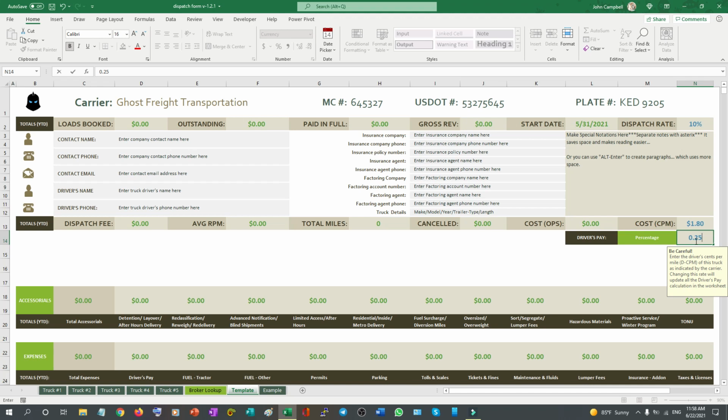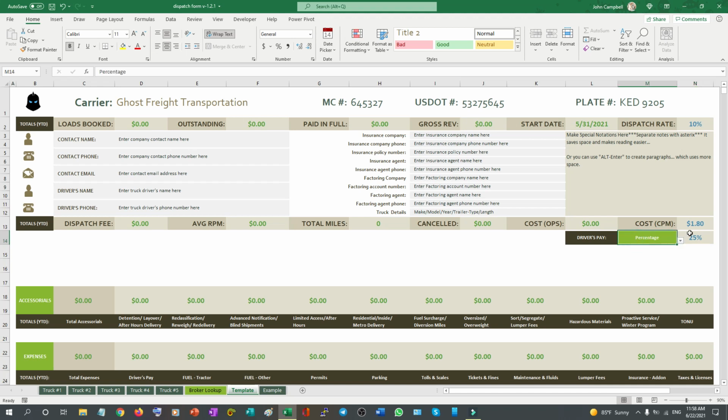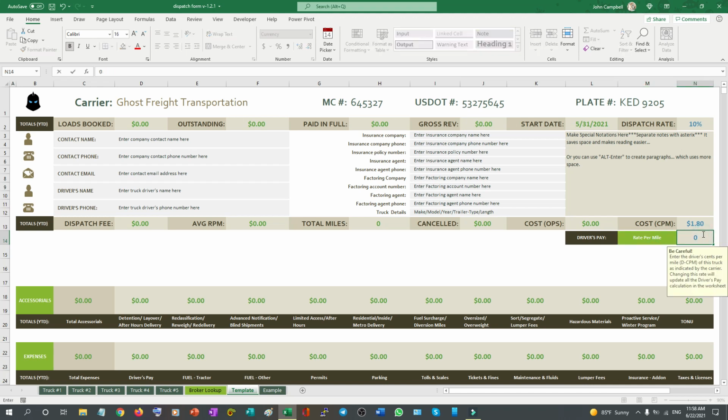If it's 50%, you enter 0.50. That's how you enter your percentages in Excel, just in case anybody is confused about that. I've had one question so far. But we're not doing percentages here. We're going to go to rate per mile, and 0.75 or 75 cents is the rate per mile.